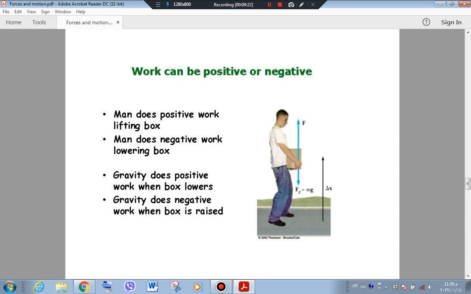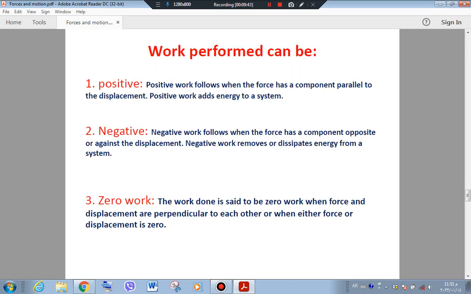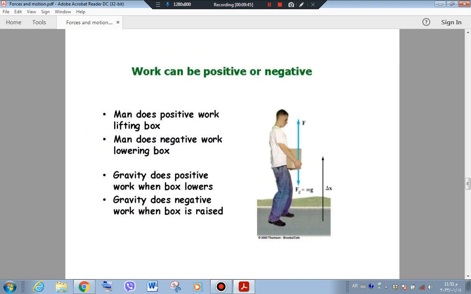So the man is trying to lift the box. This type of work, he's working on the box, is called a positive one. But if the man is lowering the box, that's a negative one. We're going to clarify it in the next slides.